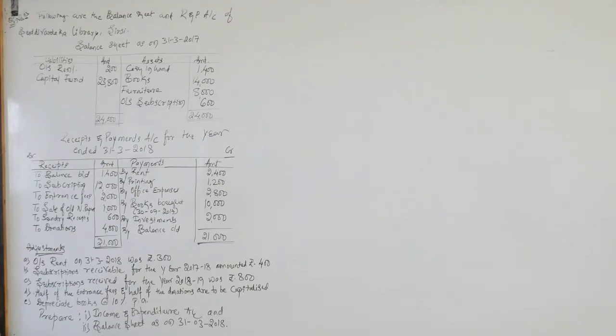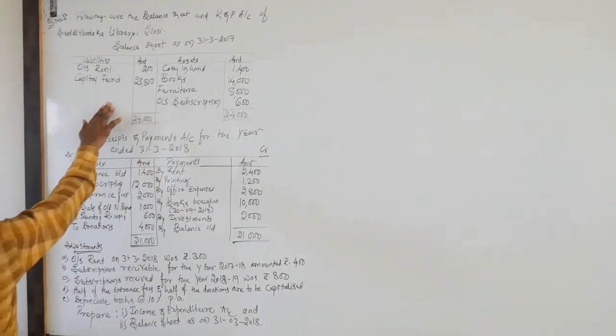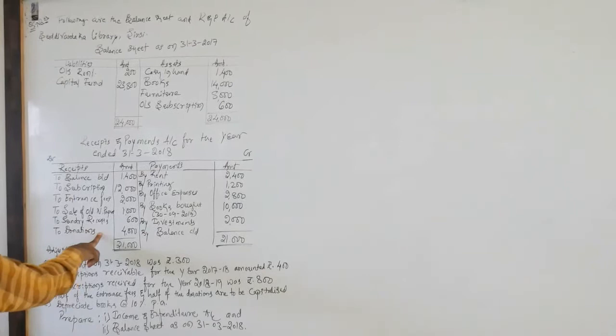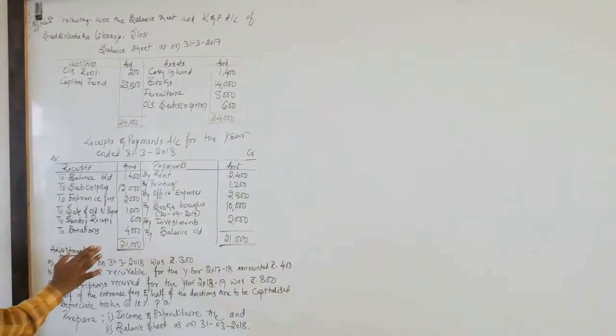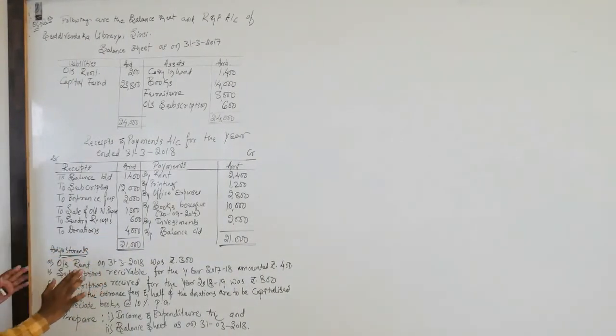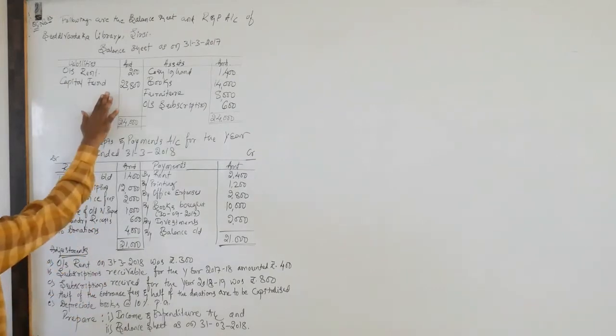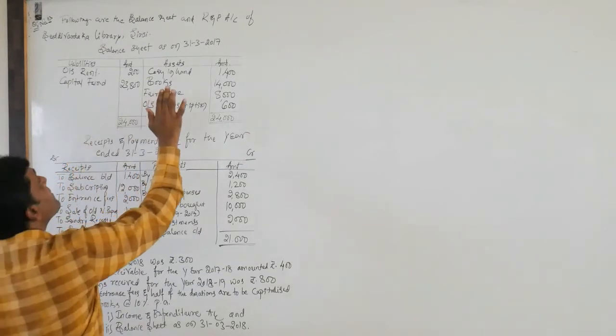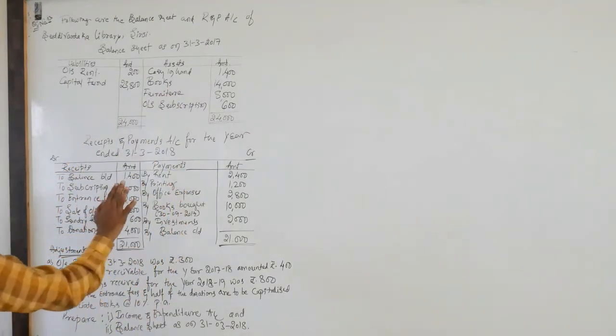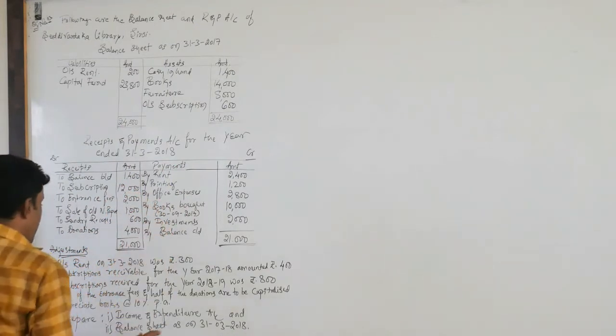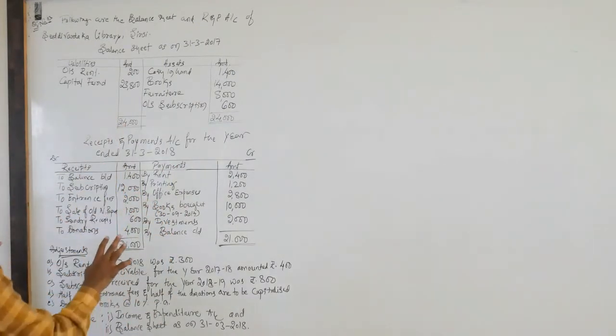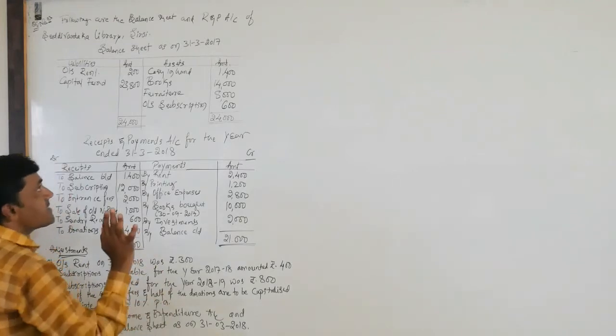In this problem you have been provided one balance sheet, another one is the receipts and payment account, and the third is the adjustments. The first is the balance sheet of the last year, then the receipts and payment account of the current year. Along with these two, they have provided a few adjustments.